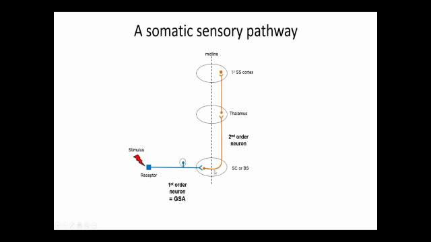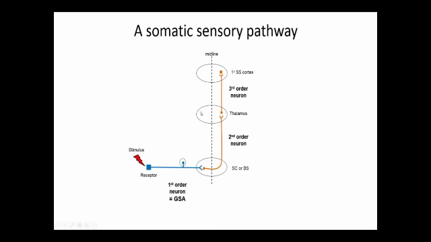After decussating, that second order neuron will always head to the thalamus. So that's another general rule you can remember. And at the thalamus, it will synapse with a third order neuron. That's the final neuron that will then carry that information from the thalamus to the primary somatosensory cortex.